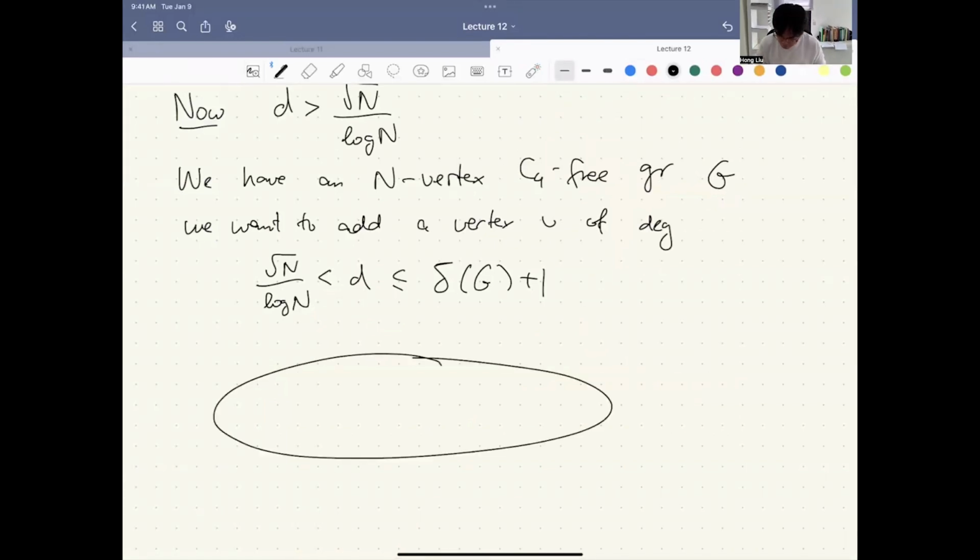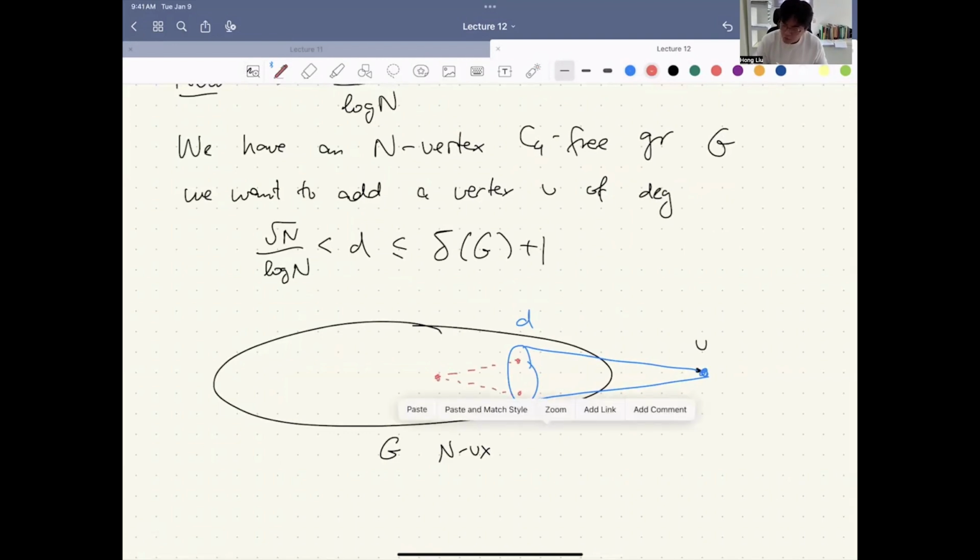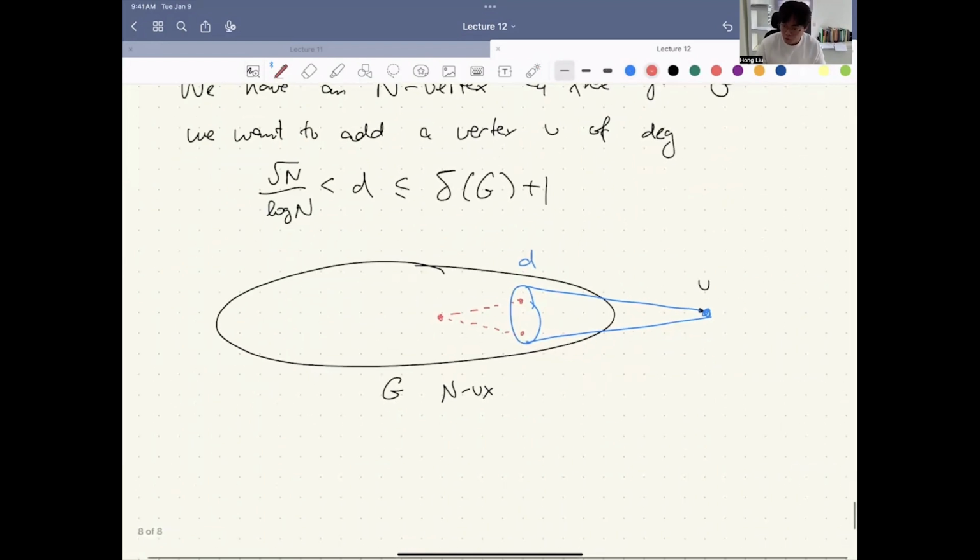Picture again, G, n vertices, you add a vertex V of degree D. As I already mentioned, we cannot have two vertices at distance 2 in this graph G, otherwise we get a C4.